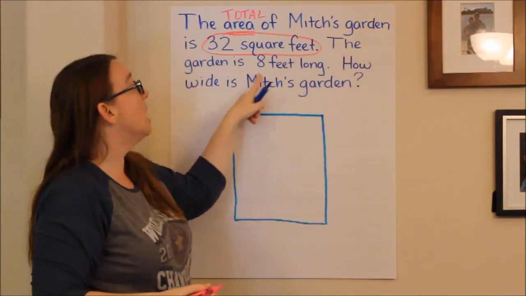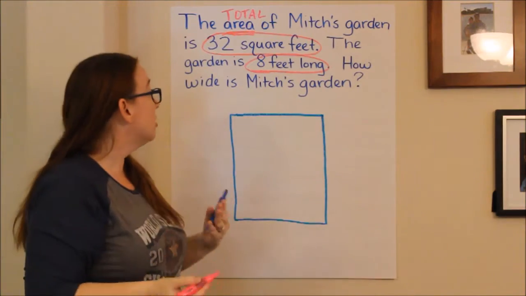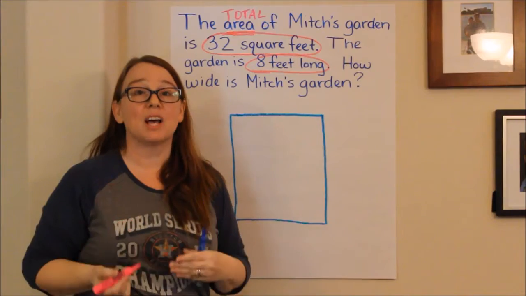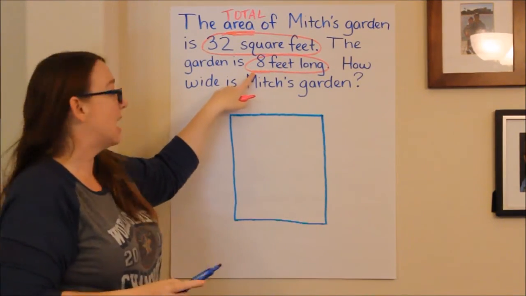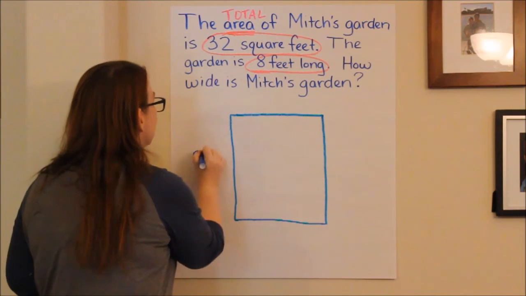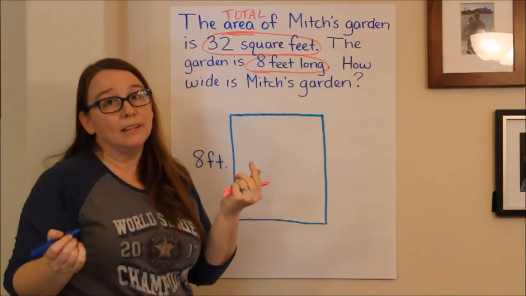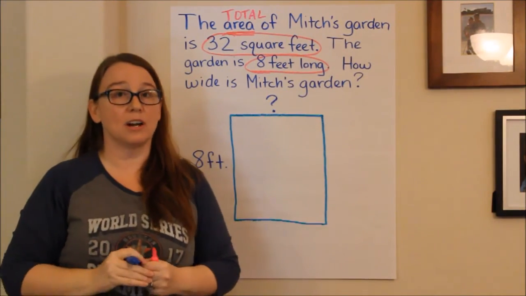They tell us that one side is 8 feet long, and we're trying to figure out what is the length of the other side. So using my rectangle, I'm going to label the side that I do know. I know that one side is 8 feet. But unfortunately, I do not know how wide this garden is.